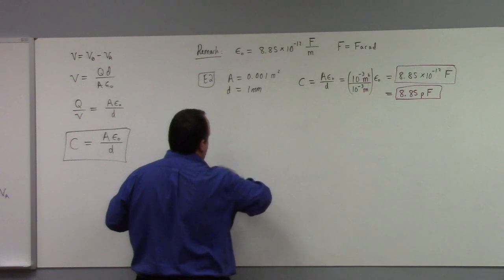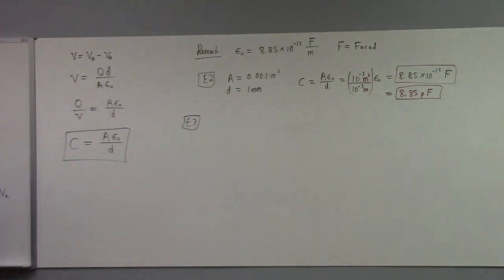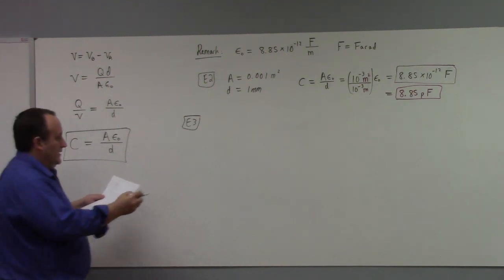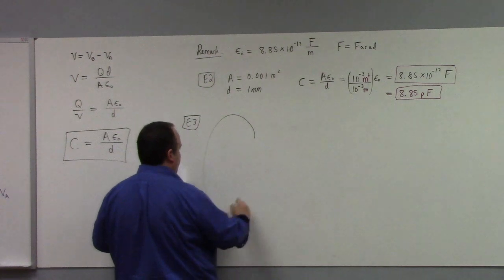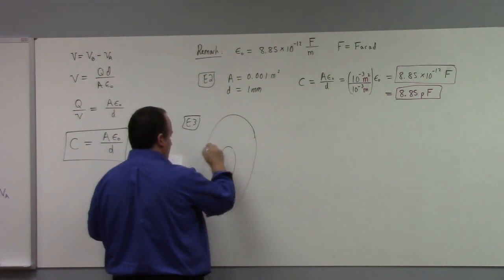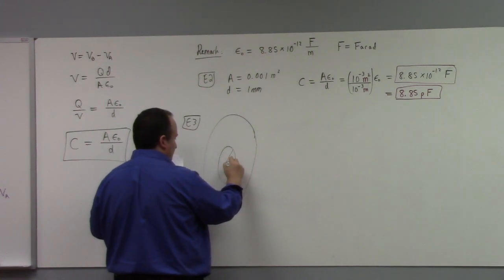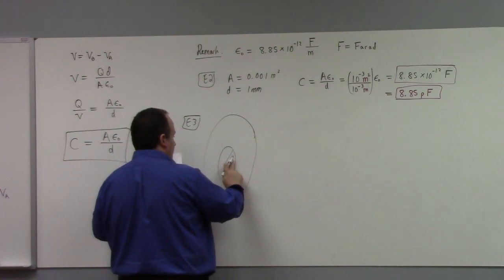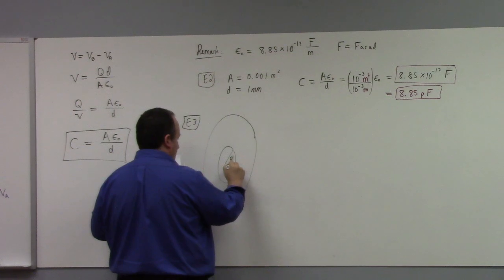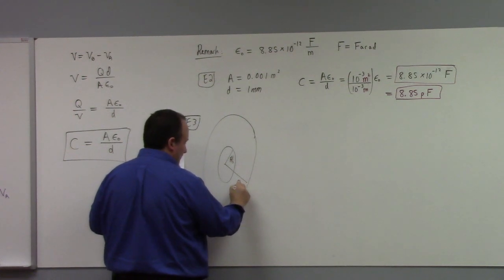So here I have a pair of charged cylinders with at the moment, an air gap between them. Let's see here. I said radius R1 for the inner one, and radius R2 for the outer radius.